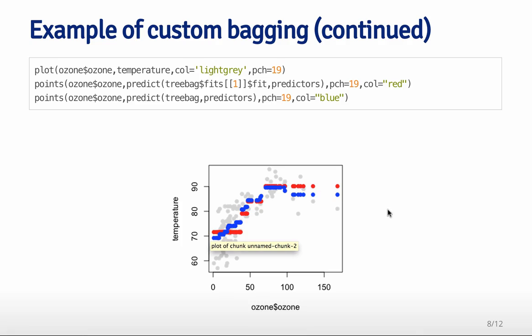And so you can see that, for example, it doesn't capture the trend that's going on down here very well. The red line is just flat, even though there appears to be a trend upward in the data points here. But when I average over 10 different bagged model fits with these conditional regression trees, I see that there's an increase here in the values in the blue fit, which is the fit from the bagged regression.